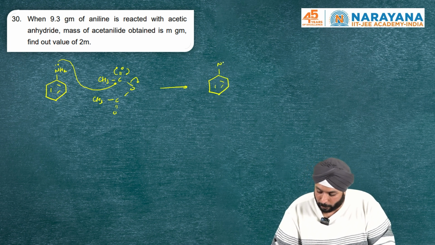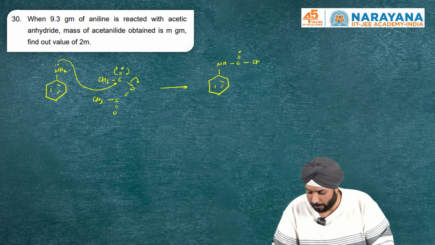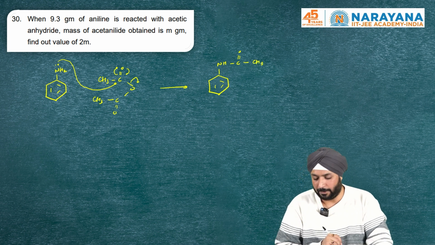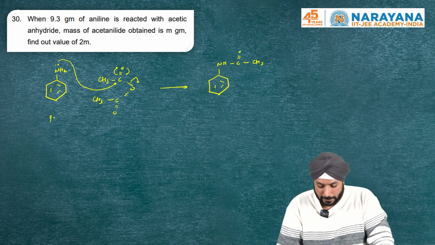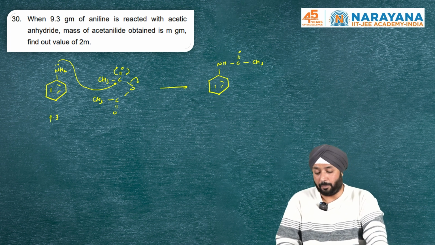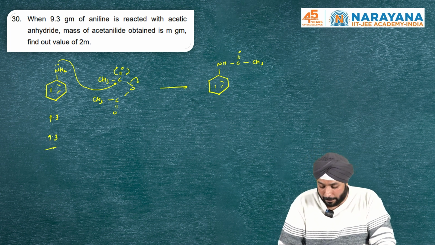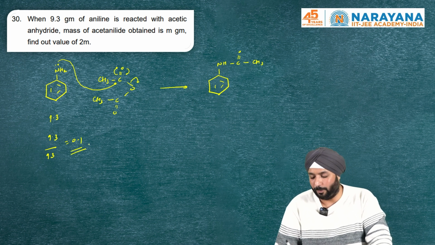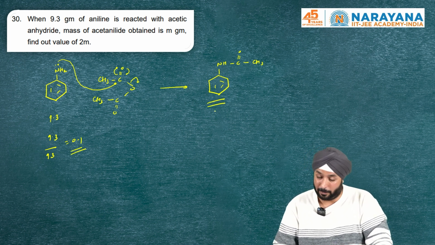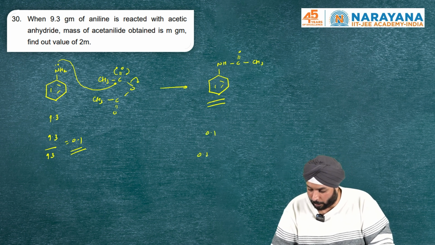Now, even if you don't know the actual reaction, they have already given you the general name for the particular molecules, right? Now, aniline is 9.3 grams. The molecular mass of aniline is 93. So 9.3 divided by 93, I have 0.1 moles. 0.1 mole will react to give 0.1 mole of the compound, and 0.1 mole into its molecular mass.